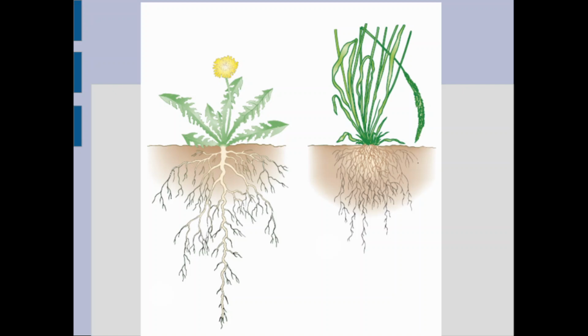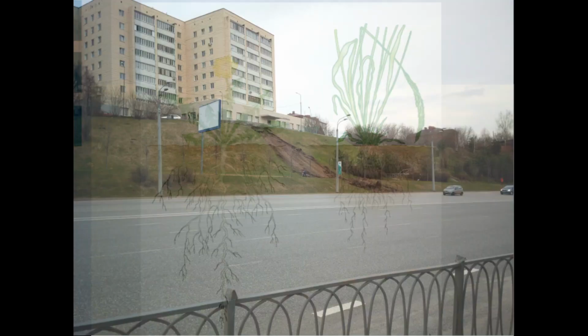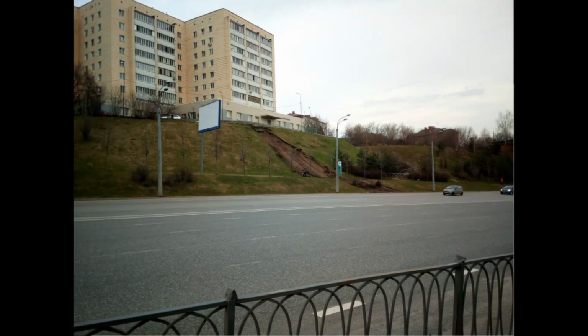And the water that drains into the soil can be a problem too because of erosion. This picture was taken 2 years ago from Vishnevsky Street, which is nearby the university campus.